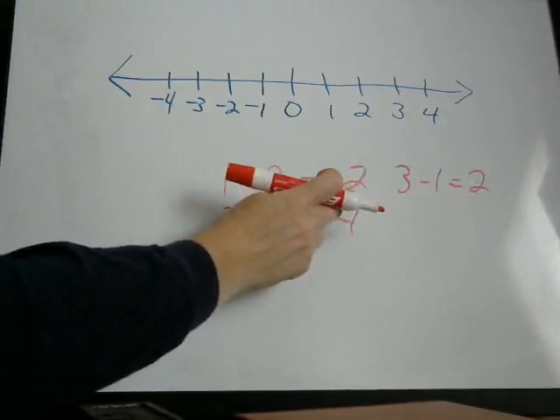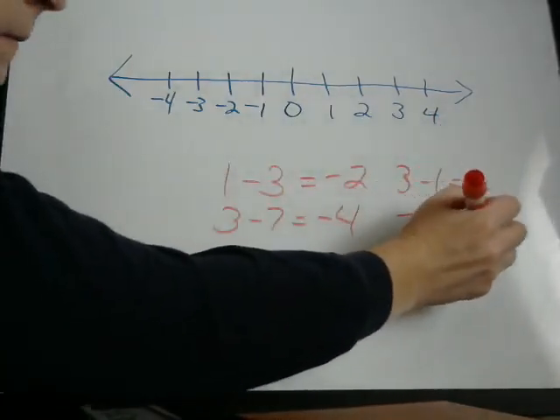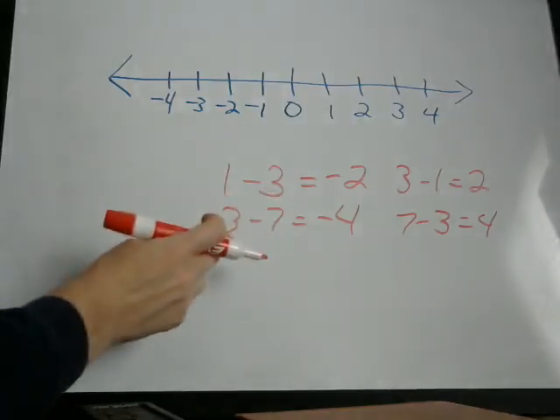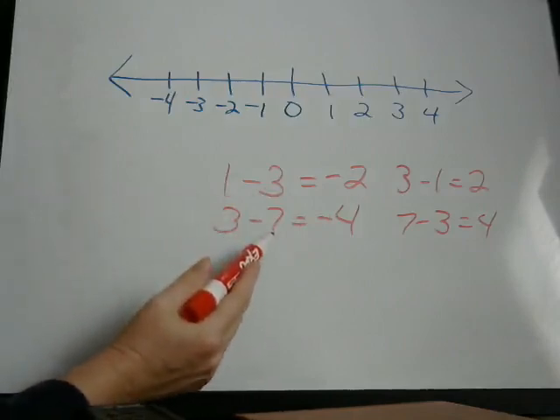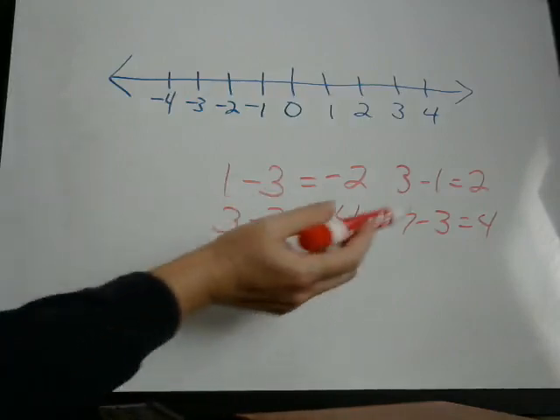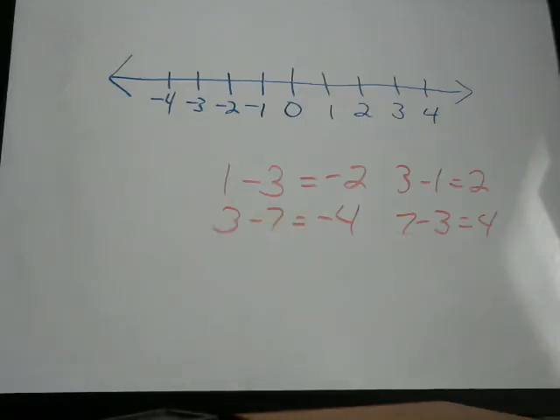Here the answer was negative 2. 7 minus 3 is 4. Here the answer was negative 4. So how you can think of this is, if what you're subtracting is larger, you just swap them out and add a negative sign to it.